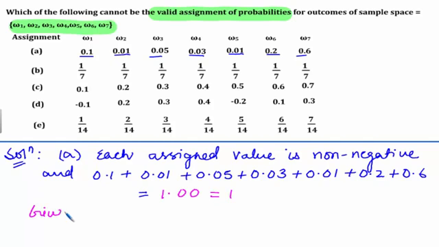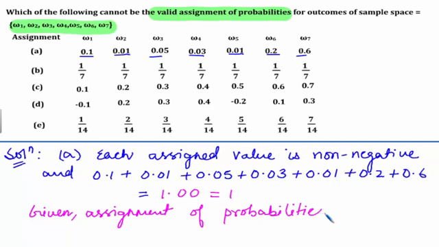Hence we can say that the given assignment of probabilities is valid.